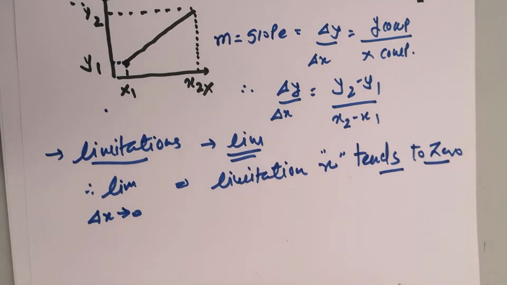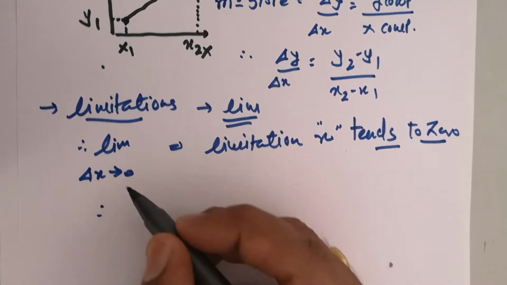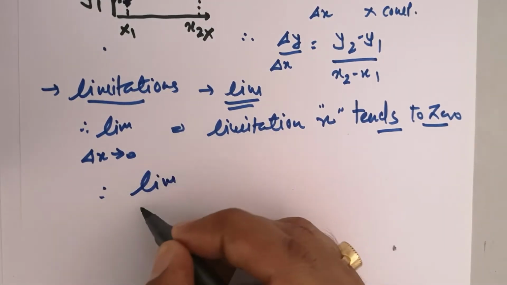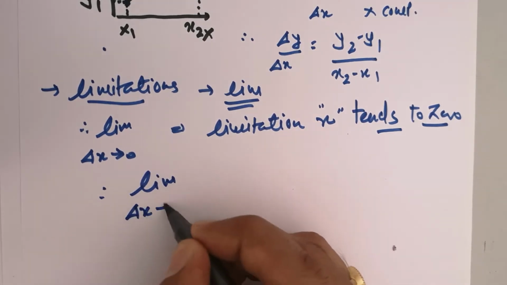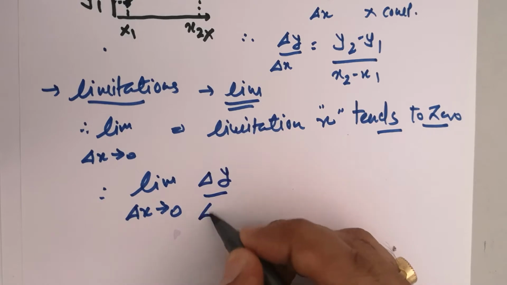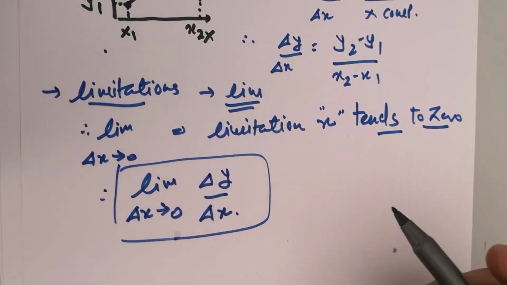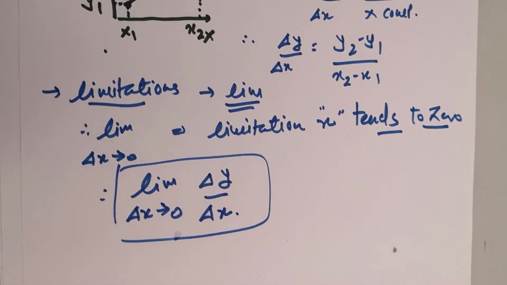Your value might be starting from 0 or leading towards 0. So it is the ideal notation. We mention that delta x tends to 0, then our formula is delta y by delta x. This is how our limit can be applied.